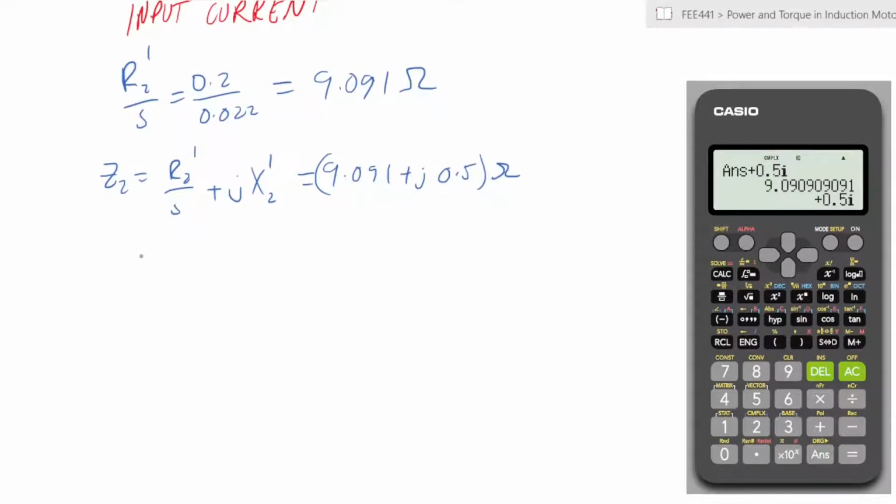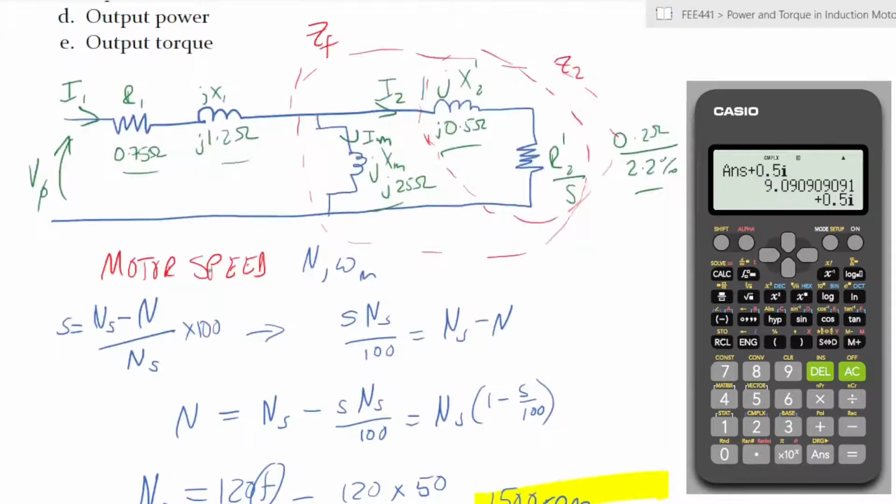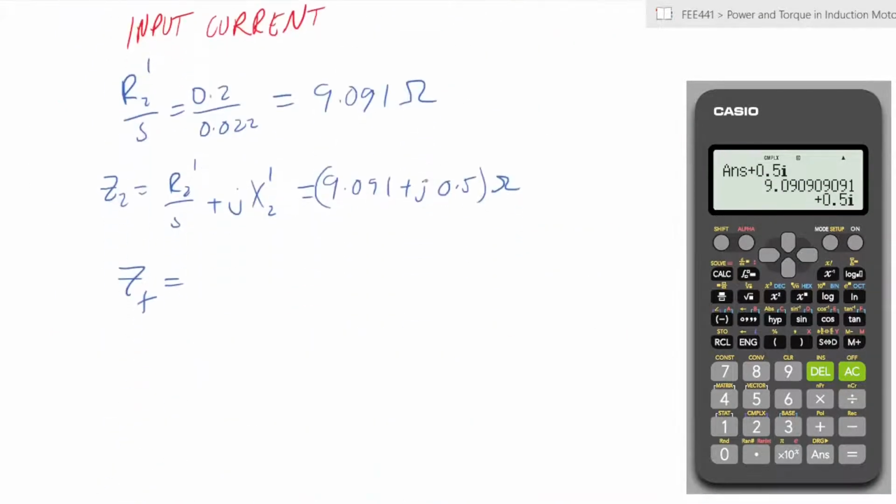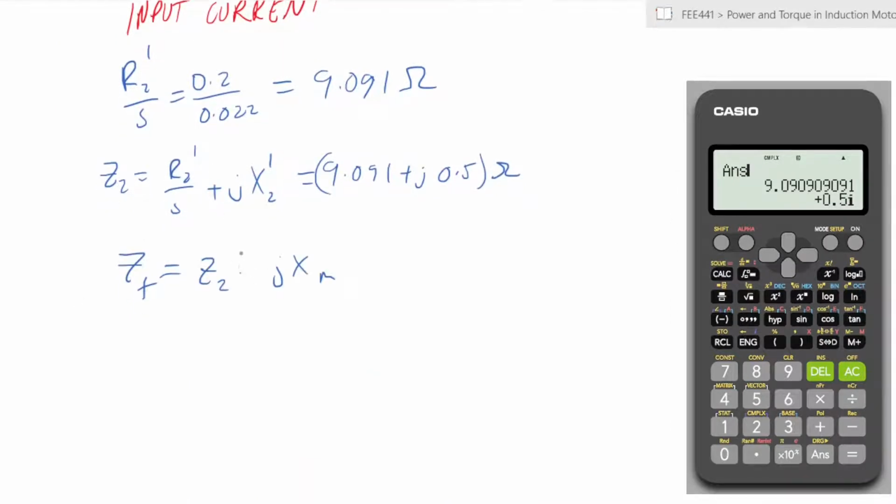Your ZF will be represented by ZF is equal to Z2, which is this arm, and XM, which are parallel to each other. So that will now look like, talk of them being parallel, so this is product over sum. So it is Z2 jXM over Z2 plus jXM.